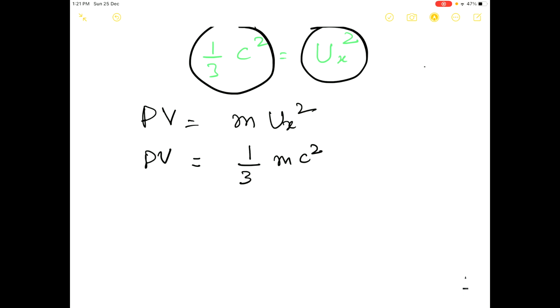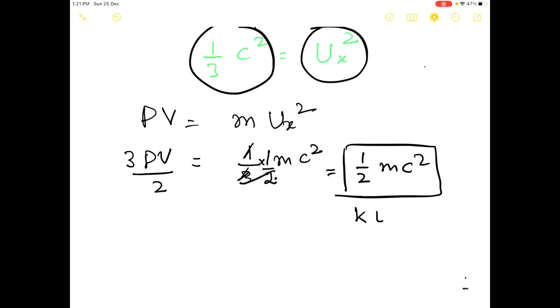Now if we multiply both sides by 3 by 2, then we get 3PV by 2 equal to 1 by 2 mc square, and this is the kinetic energy. C is the velocity, and this is the formula for kinetic energy.